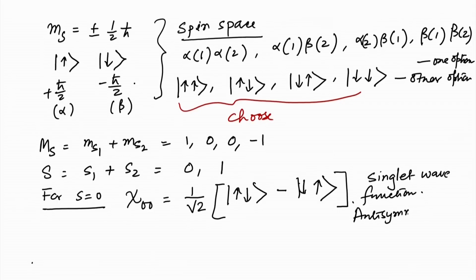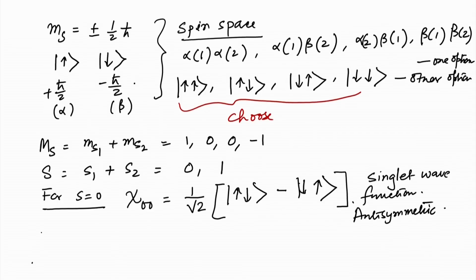What I mean by antisymmetric is the following: you have two particles, the first one in the up state and the second in the down state. In the other term the first one is in the down state and the second in the up state. Now if you interchange up and down, one gets a negative sign. That is why it is called antisymmetric.